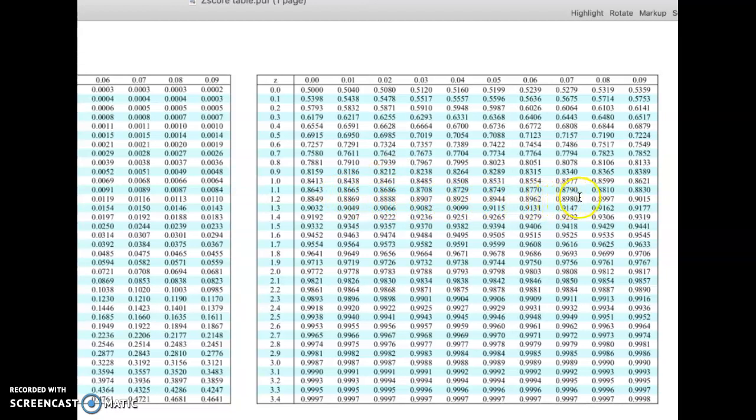Okay, we're getting closer. Okay. And right here we have 0.8997, which is pretty close, and the next one is just a little bit over 90%. Okay, so this one's 90.15%, and this one is 89.97%. So the 89.97 is closer to 90%, so we're going to use that one. And the z-score that matches is 1.28.